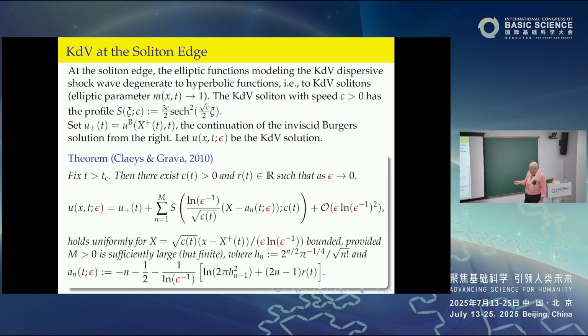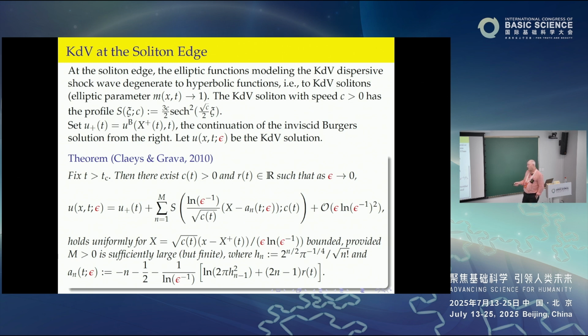And so if we let u plus of t be the Burgers solution continued from the right now up to the edge curve, the soliton edge curve, then with the solution u(x,t,epsilon) of KdV, Kleist and Grava proved the following the next year. So if we fix a time bigger than the critical time, there's a speed function c of t positive, a real function r of t, so that when epsilon is going to 0, the solution of KdV is the Burgers solution plus this kind of arbitrary finite sum, 1 to capital M, of solitons of the KdV solution, but evaluated at some argument like this.